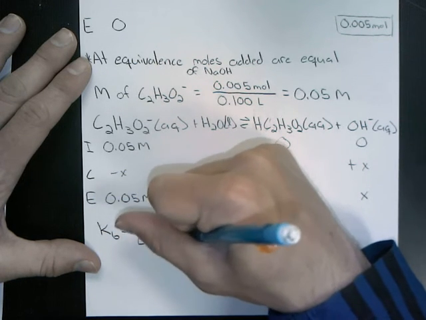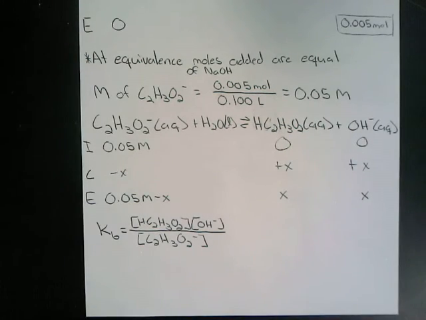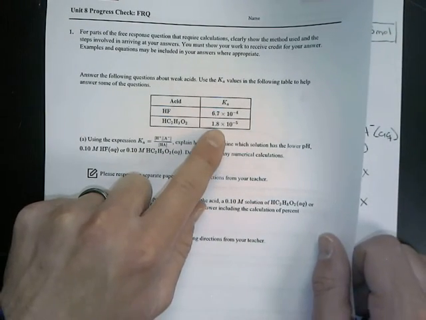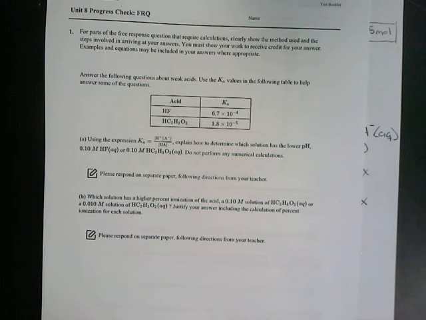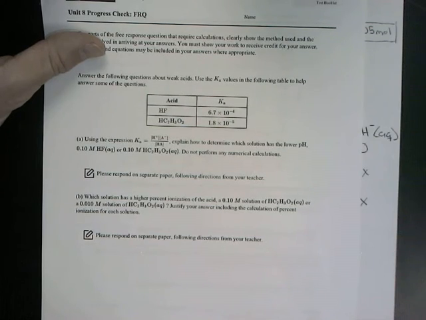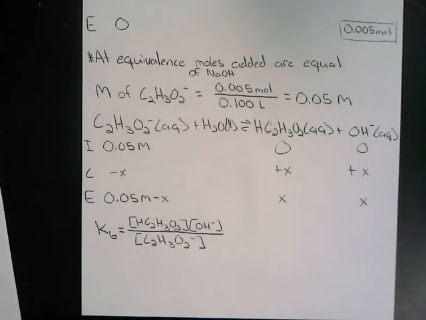Now, hold on a second, because our Kb was not given in this problem. However, check this out. We have the Ka. Our Ka can be used to find our Kb. Remember, our Kw is equal to our Ka times our Kb.